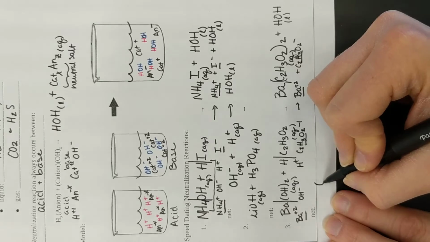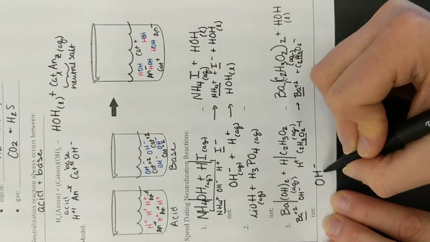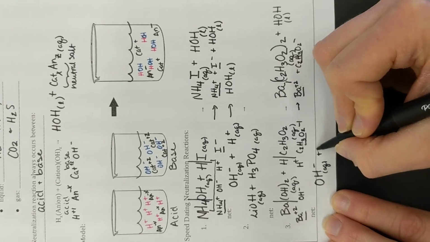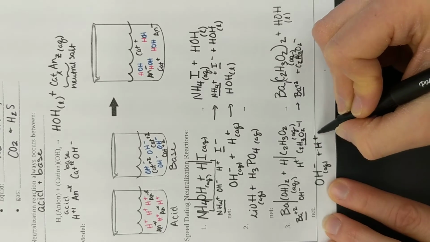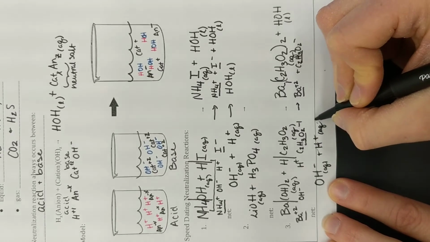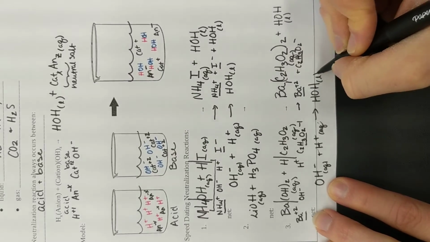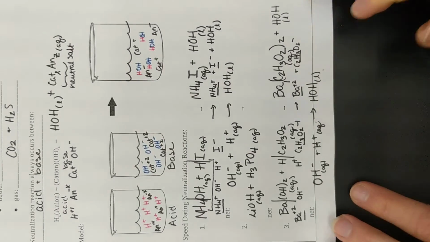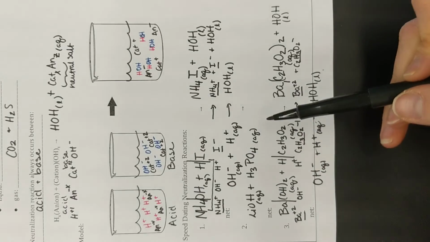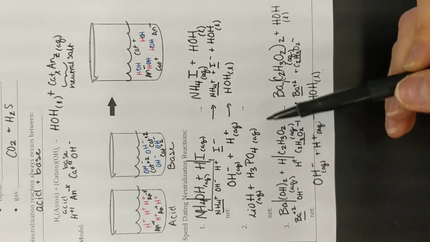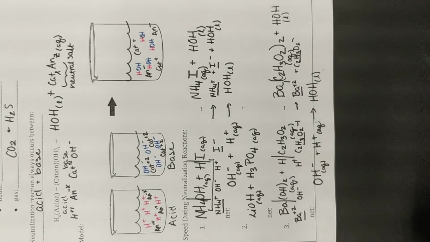So again, my net ionic equation is hydroxide ions in solution plus hydrogen ions in solution, and that gives HOH. All right, so go ahead and try number 2, and we'll go over that one together in class. Thanks.